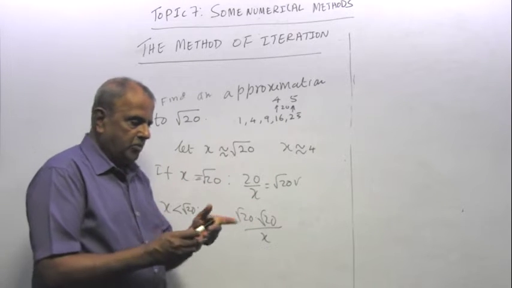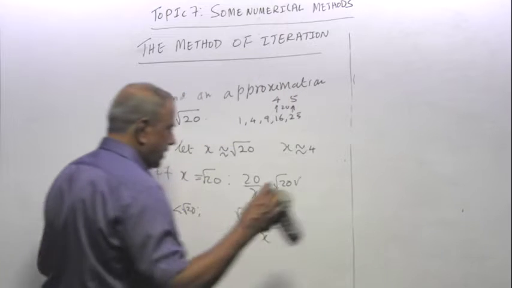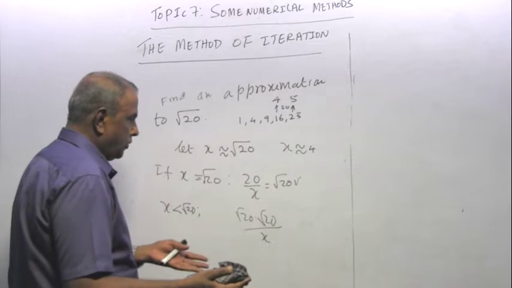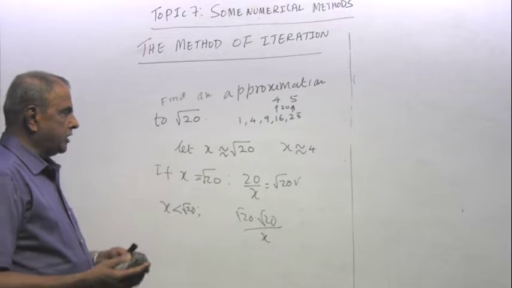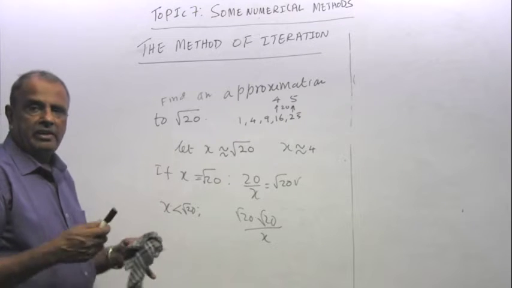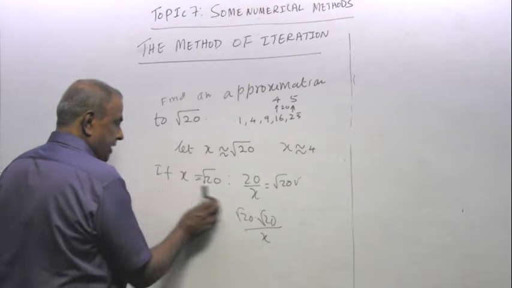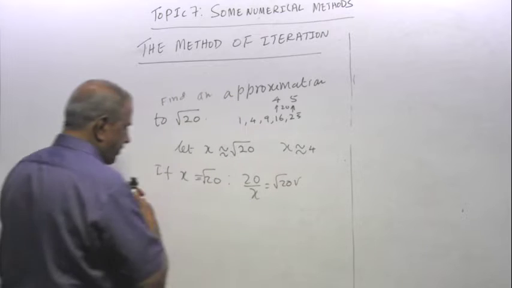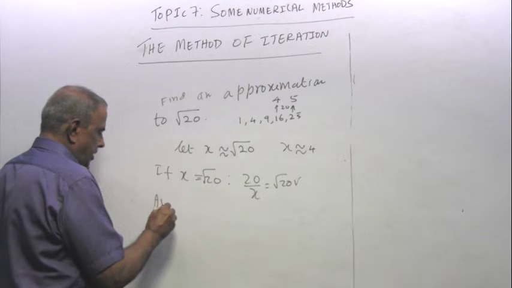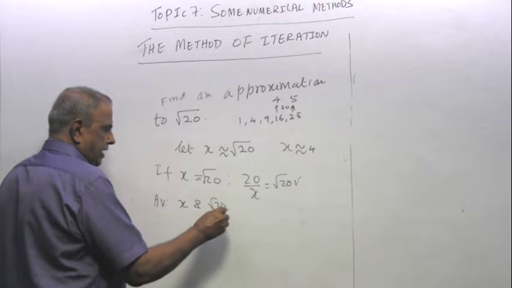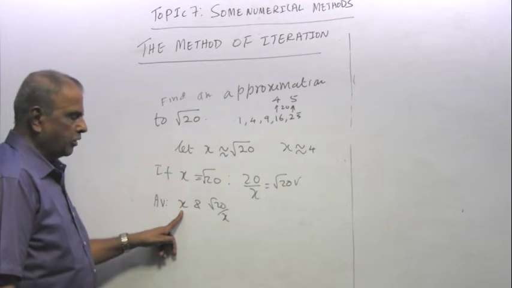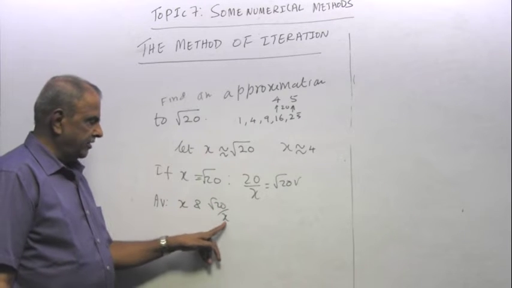So what they did was this. Remember, x is an approximation to root 20, and 20 over x is also an approximation.